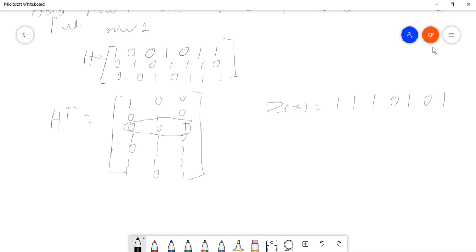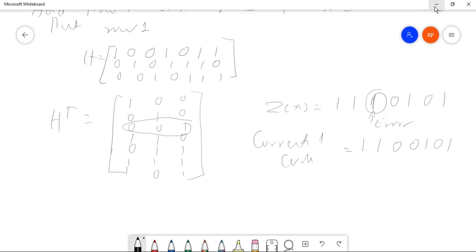From the third bit from the left side, change it. So it means 1 2 3. This is the bit which has the error. Okay, so the corrected code can be directly written as 110 0101. I have changed this bit to 0.